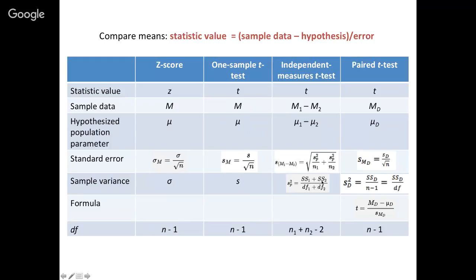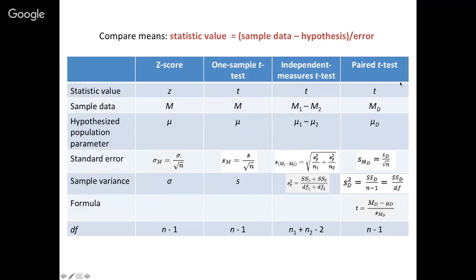So these are all of the components for an independent measure t-test. We use the pooled variance as the variance of the difference between M1 and M2.